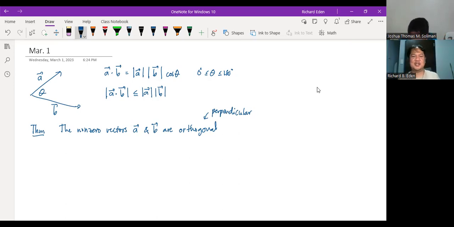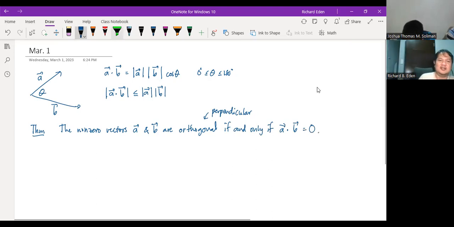Okay. So the non-zero vectors A and B are orthogonal or perpendicular if and only if their dot product is equal to 0. If you look at the main statement here, perpendicularity is equivalent to theta being 90 degrees.